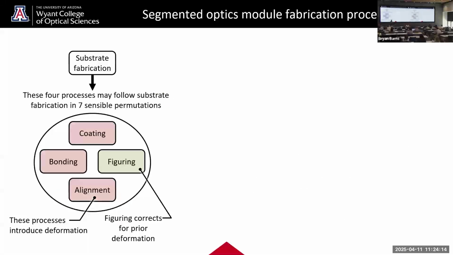So creating a module, you can do this in many ways. There are many ways to build these X-ray mirror modules. There are 4 fundamental process steps that need to occur, and they can occur in multiple orders. The key here is that the ones in red here are ones that introduce figure error to these mirrors, and the one in green is the one that fixes the figure error.